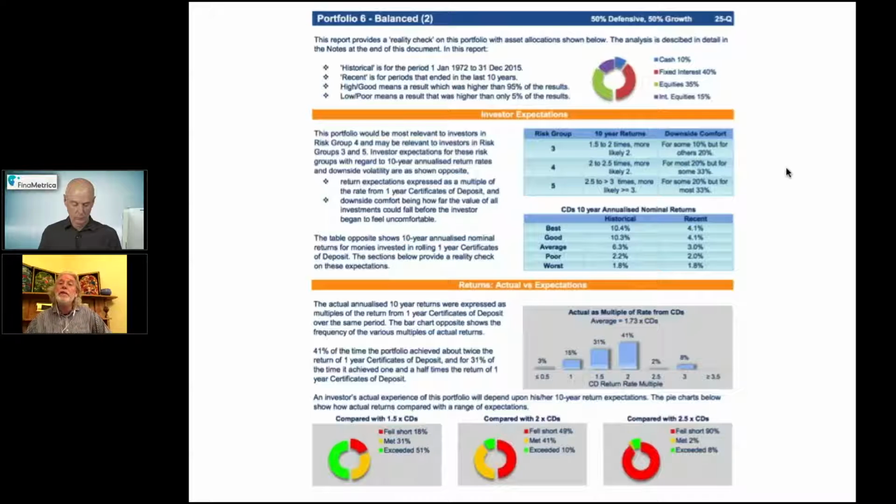And if we look carefully at that example there, I think you'll see that the range of returns are quite broad as you go up taking more risk, but still on average 1.5 times the CD rate is about what you would have got over the last 45 years on a rolling 10-year period.